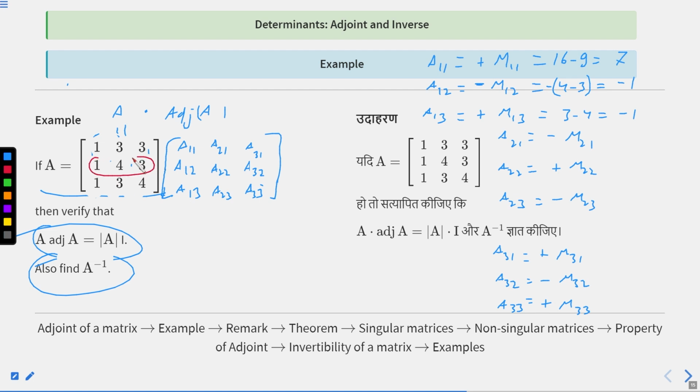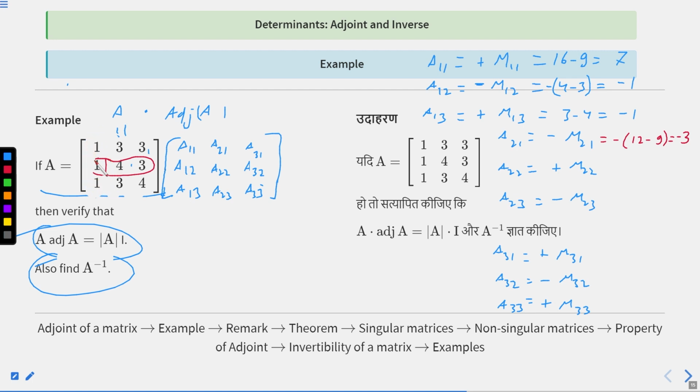Now eliminate second row, first column. You will have 12 minus 9, so this will be minus of 12 minus 9, which is minus 3. What about M22? Eliminate second row, second column.